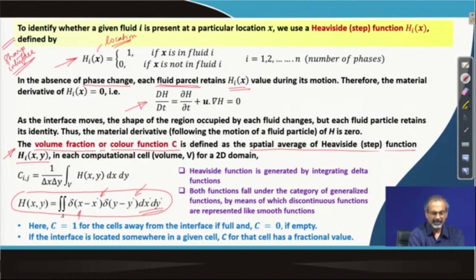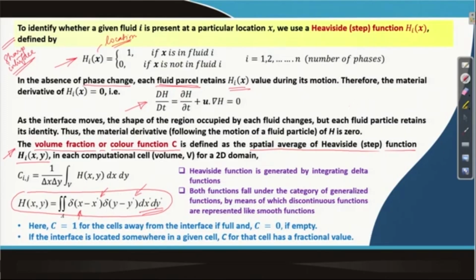So, when x lies in the region covered by x dash and y dash, and y lies in the region covered by x dash y dash, then these respective delta functions will give a spike in their values. Because if you recall from our earlier courses in mathematics, the Dirac delta functions have a spike like behavior.